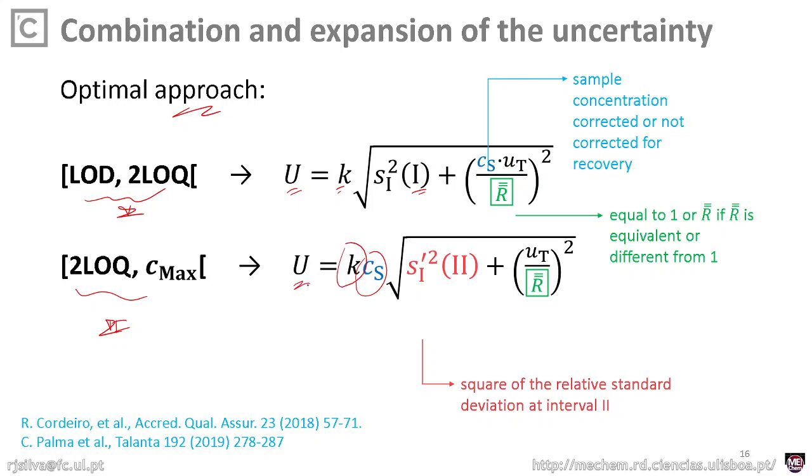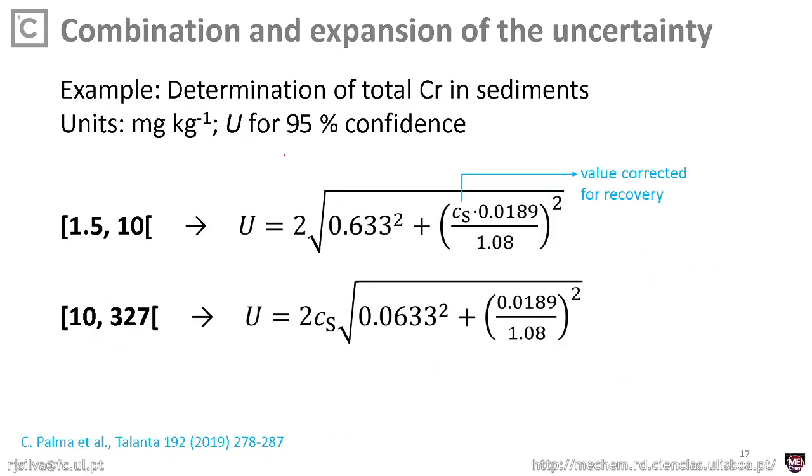So let's apply this to a specific case, determination of chromium in sediments, as described in a paper by Carla Palma. The analytical method was divided into intervals. Interval 1 between 1.5 and 10, this is 2 times LOQ, and interval 2 between 10 and 327 milligrams per kilogram.